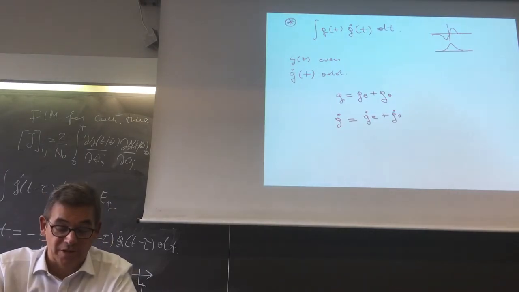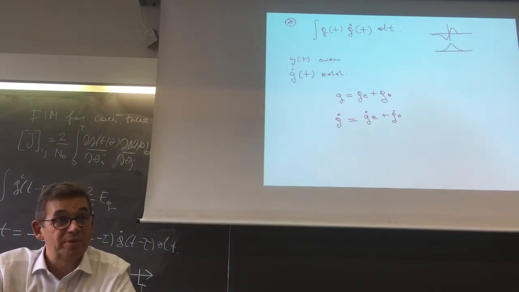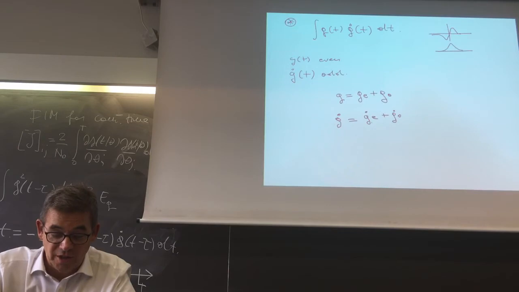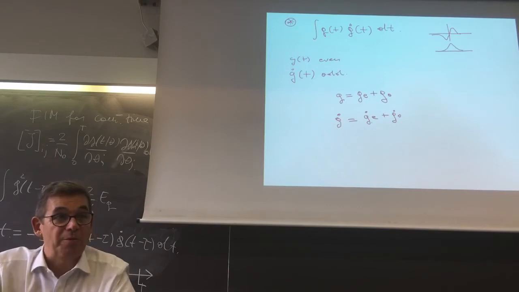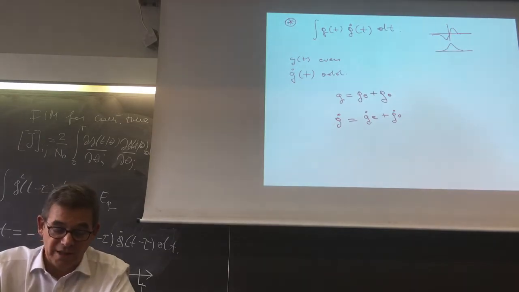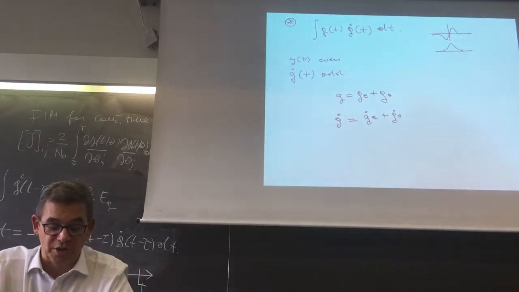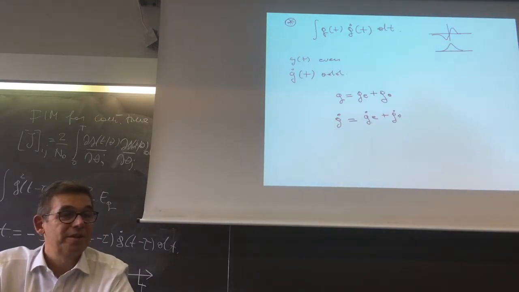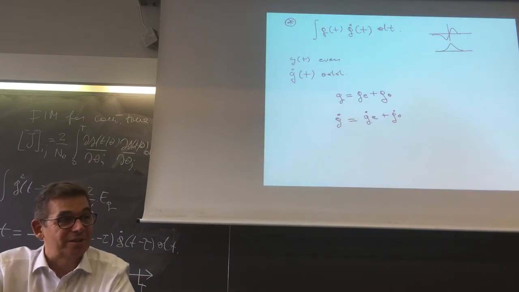And when I compute the integral, g even prime is odd, g odd prime is even, and I also have the cross terms of g odd and g even prime. Because of that, the integral is 0.